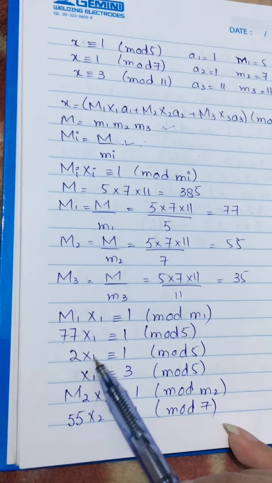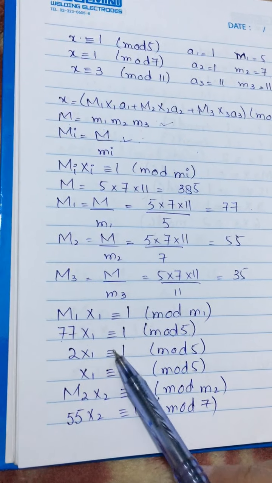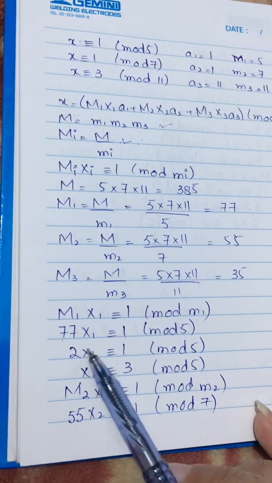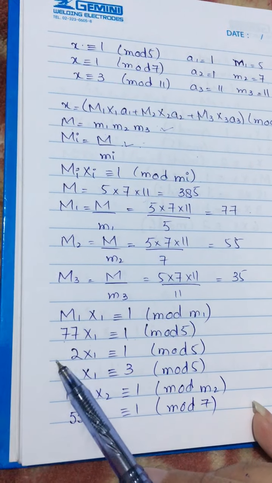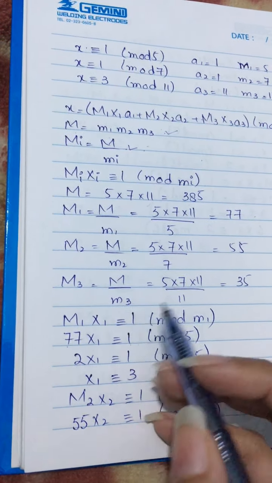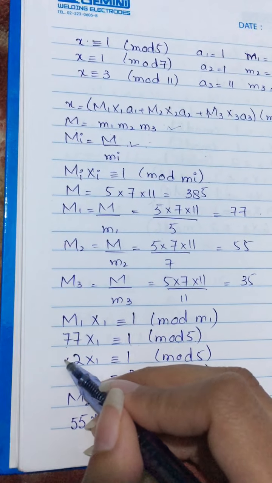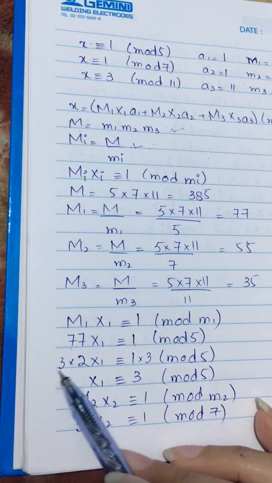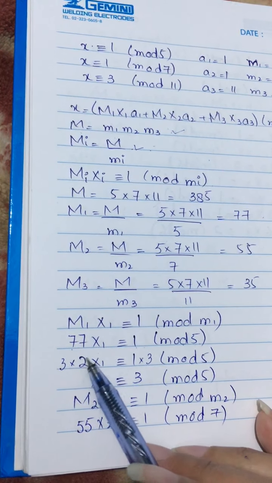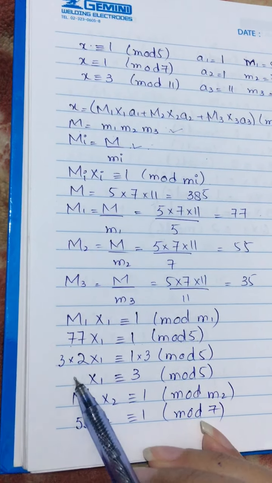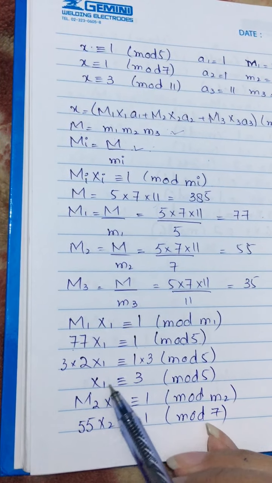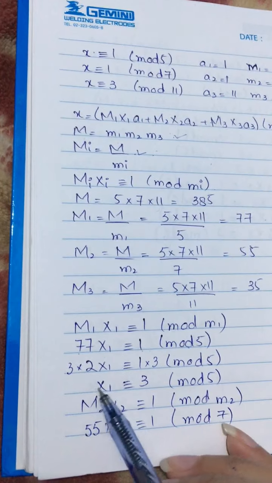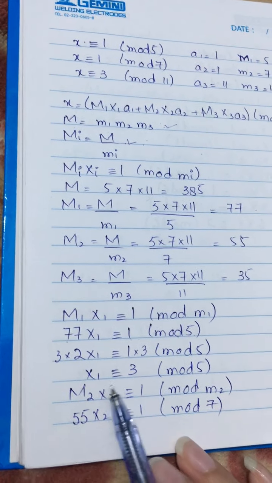So 2 x1 is congruent to 1 in modulo 5. What we have to do here is multiply both sides with 3. So the result is 6, and if I check 6 in modulo 5, the result is 1. So x1 is congruent to 3 in modulo 5. This is basically the value of x1.